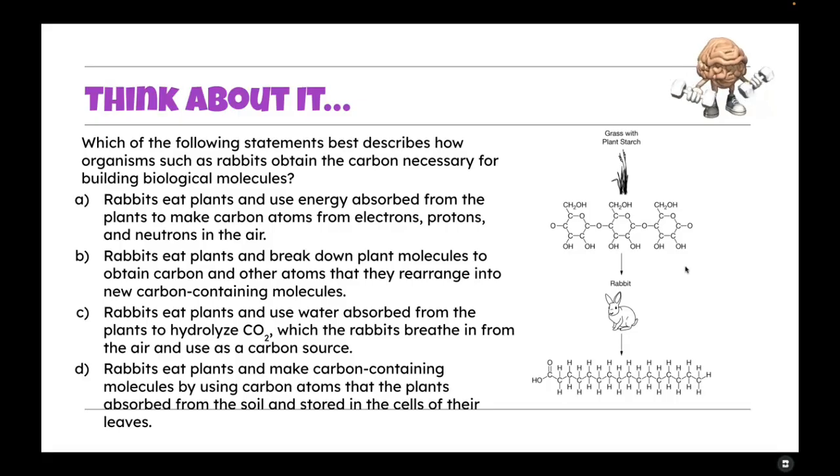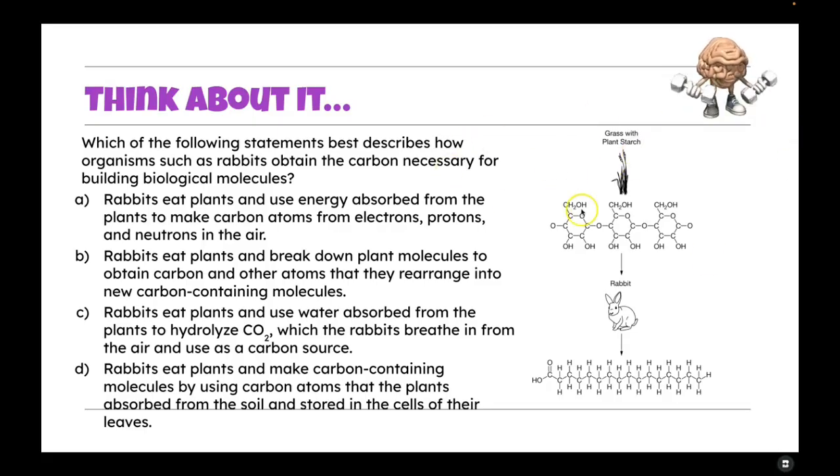Do rabbits eat plants and use water absorbed from the plants to hydrolyze carbon dioxide, which the rabbits breathe in from the air and use as a carbon source? Or do rabbits eat plants and make carbon-containing molecules by using carbon atoms that the plants absorb from the soil and store in the cells of their leaves?